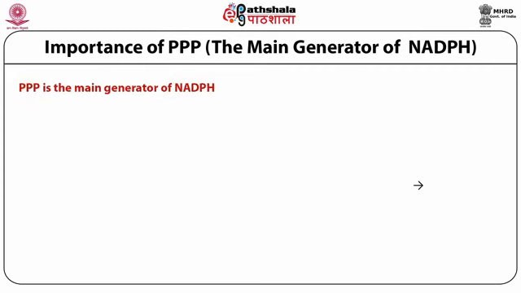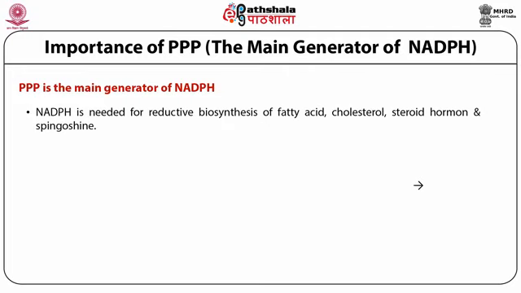Importance of the pentose phosphate pathway. NADPH is needed for reductive biosynthesis of fatty acids, cholesterol, steroid hormones, and sphingosine. Thus, it is active in the lactating mammary gland, liver, gonads, adipose tissue, and adrenal cortex.